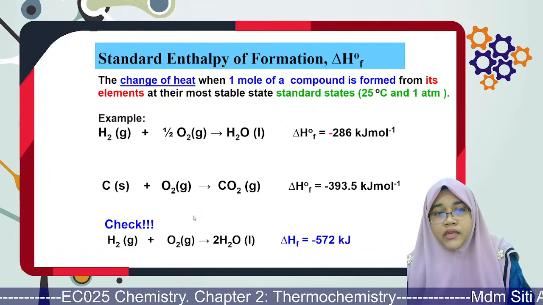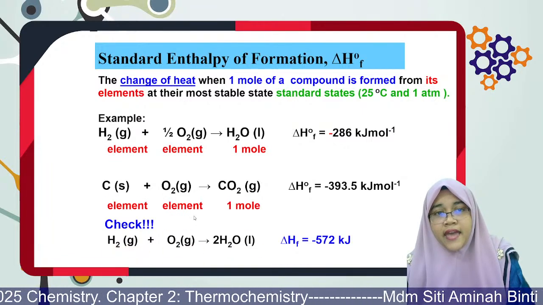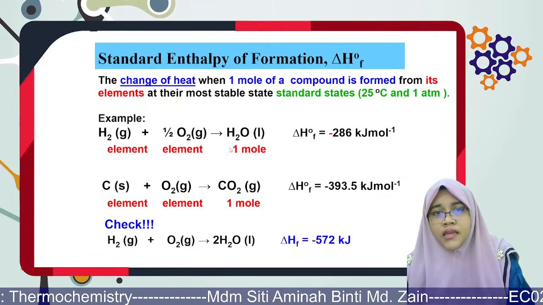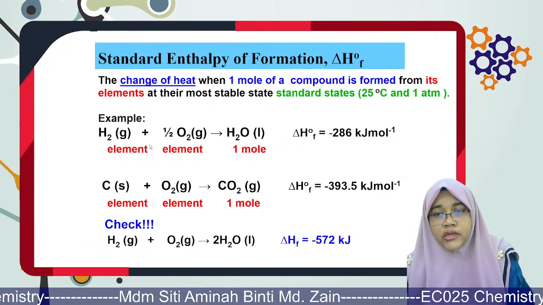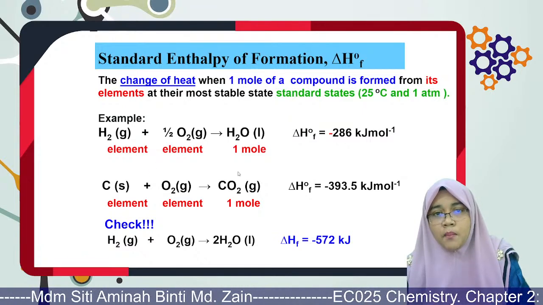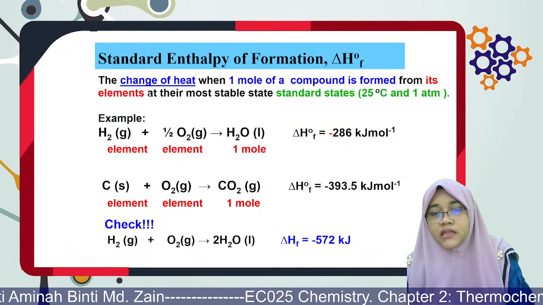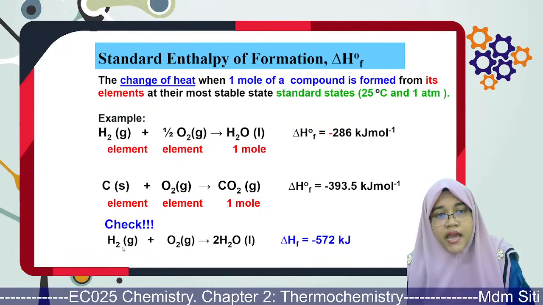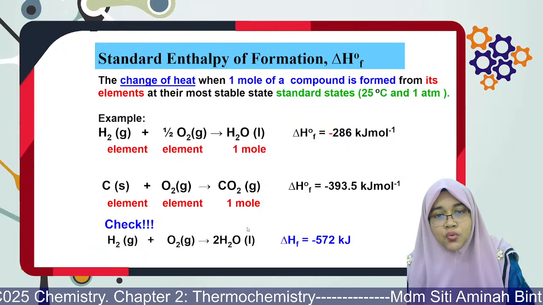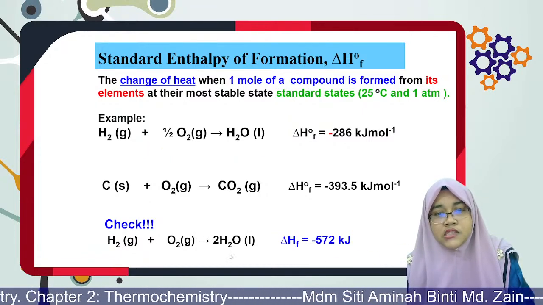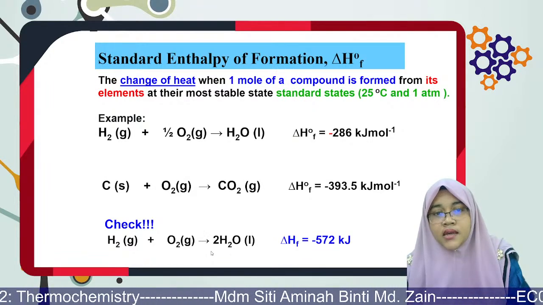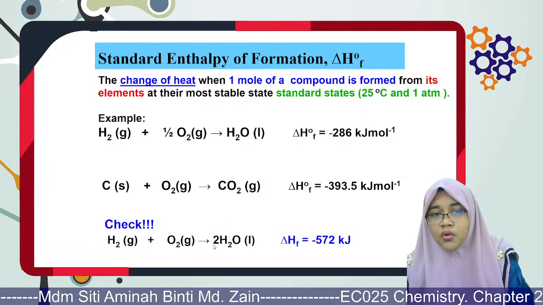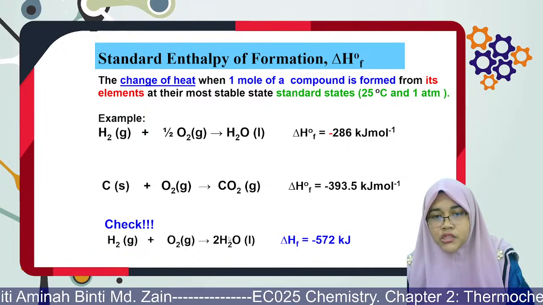So in these examples, to form any compound, it must come from its natural elements. And the compound must be 1 mole, because that is stated in the definition of enthalpy of formation. To check: hydrogen plus oxygen to form 2H2O is not an enthalpy of formation, because the product, water, is not 1 mole, it is 2 moles.